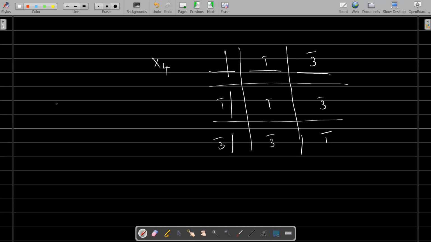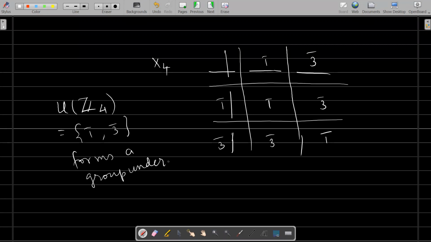So this is called U of Z4. U stands for units or invertible elements. U of Z4, that is 1 bar, 3 bar, forms a group under multiplication modulo 4.